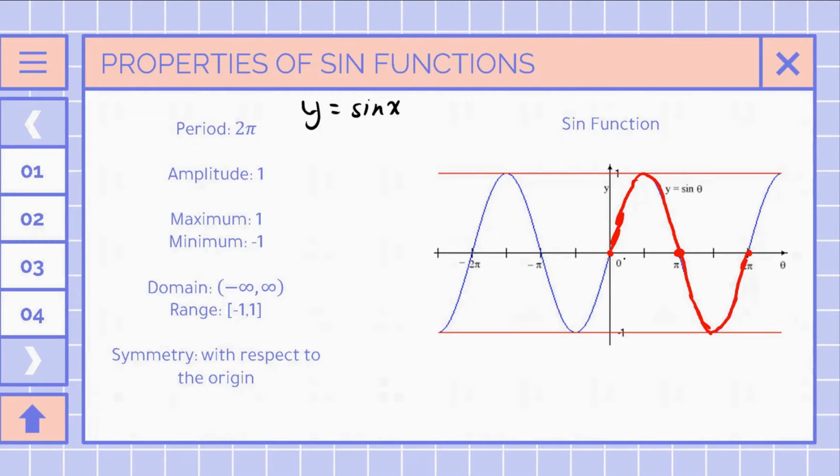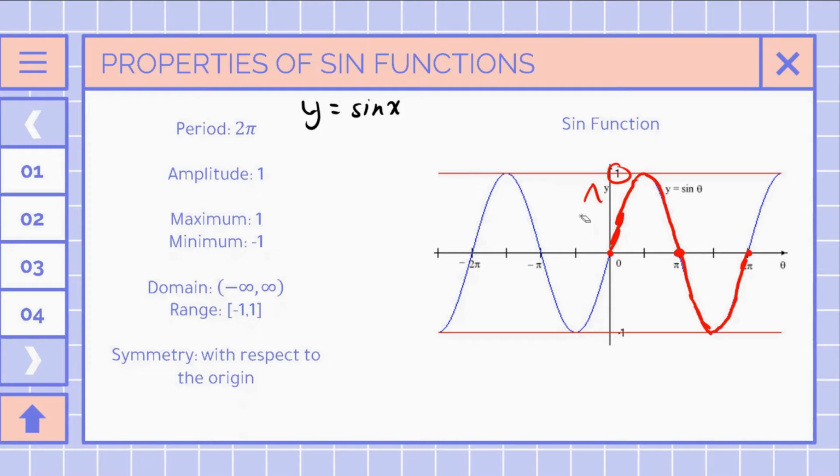So if our midline is at y is equal to 0, which is the x-axis, it goes up 1 point like this, and we get y is equal to 1. And if we go down 1 point from the midline, our y value goes to -1.